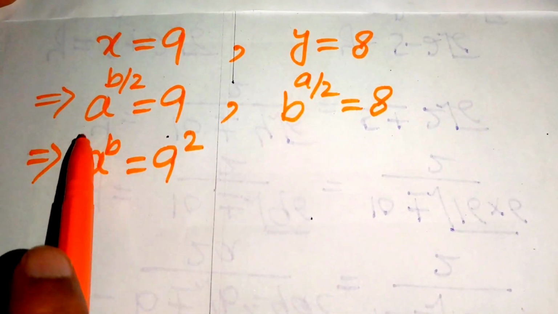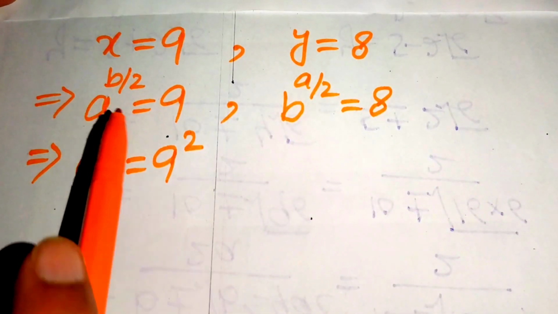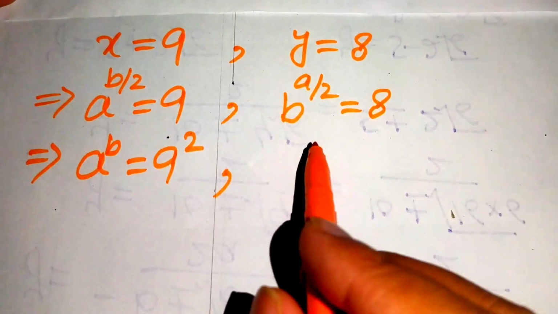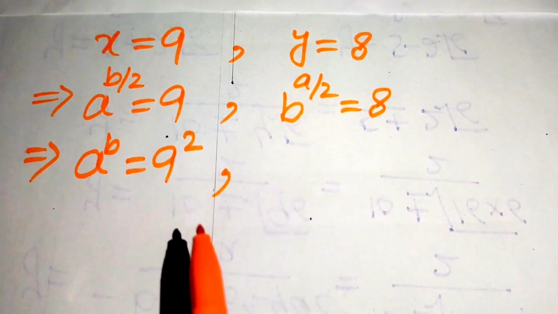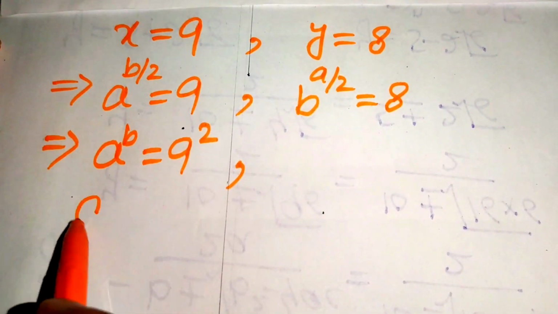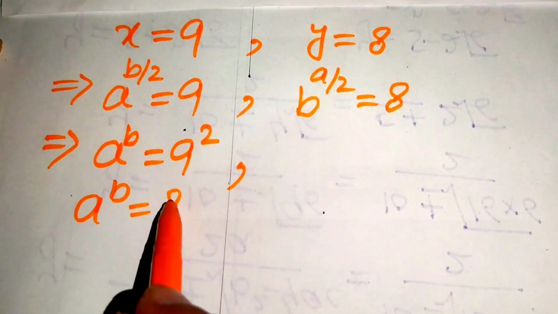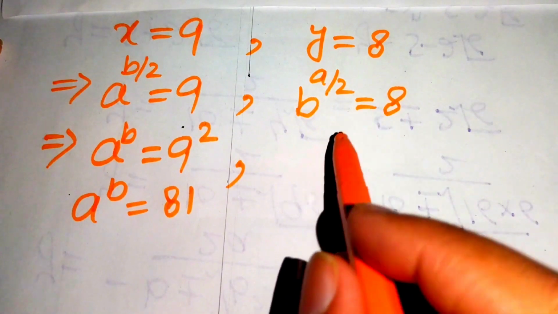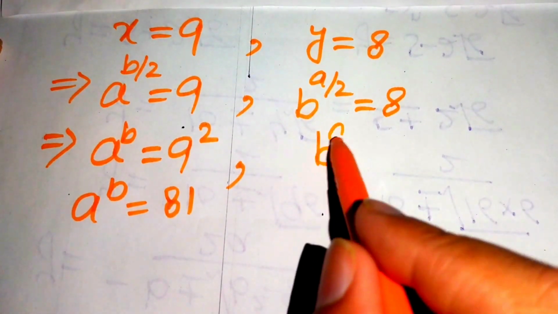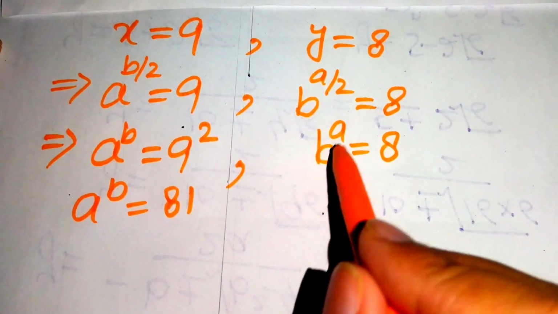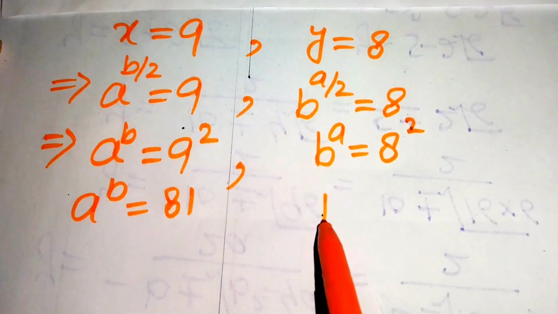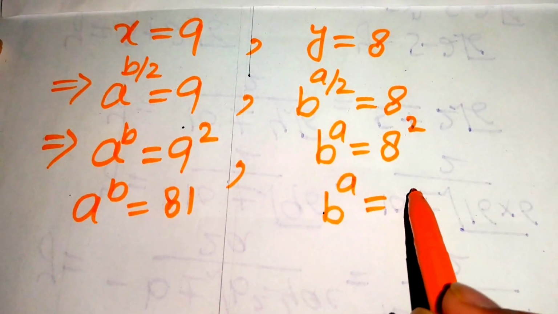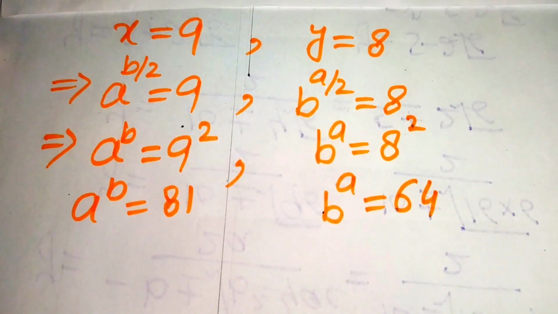Because if you take the square on the left hand side, the 2 and the square are gone. And similarly here we get a to the power of b equals the square of 9, which is 81. Similarly, we take the square on this term on both of the sides, and we get b to the power of a equals 8 squared, so b to the power of a equals 64.